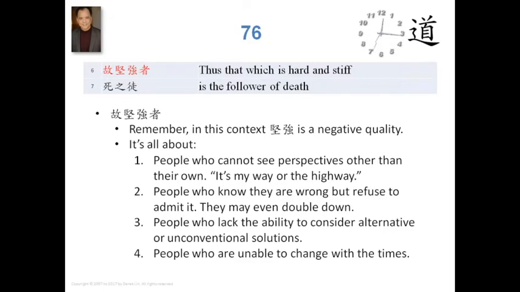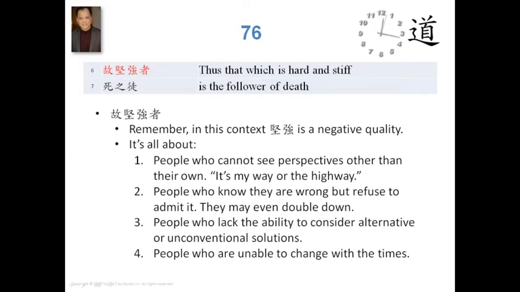And lastly, and perhaps the most important, 坚强 would also be depicting people who don't have the flexibility to change with the times. So think about how quickly times are changing for all of us. We need the flexibility to align ourselves with life and to be able to respond to changing conditions of the world.